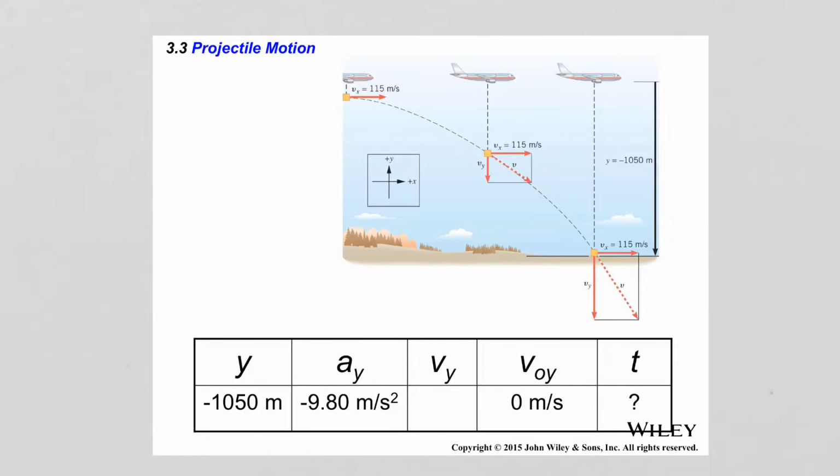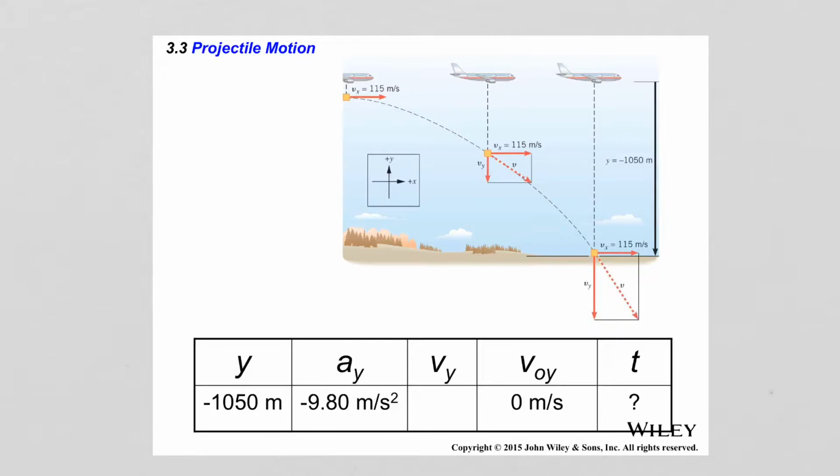And so as the package is moving, at some point it will have velocity that is tangent to the parabola. It will have an x component which remains the same, 115 meters per second, because in horizontal direction there is no acceleration. And then the vertical component will be some number that can be calculated.